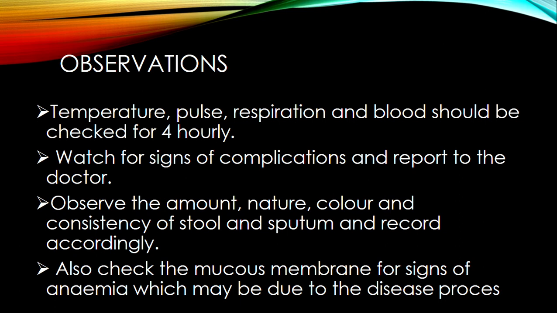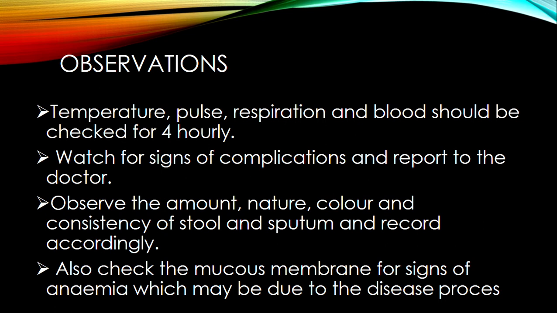So we can also observe the stool. Remember we said that the stool appears to be like pea soup. So we want to make sure we observe the type of stool, noting the color, the amount and consistency. We also want to rule out bleeding in the GIT, which can be evident in the stool.